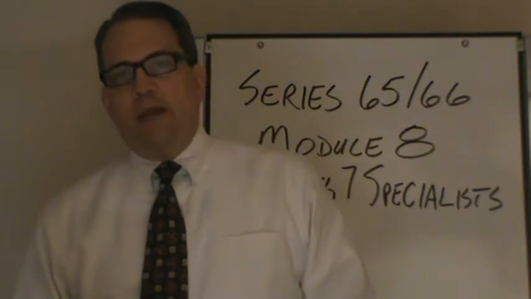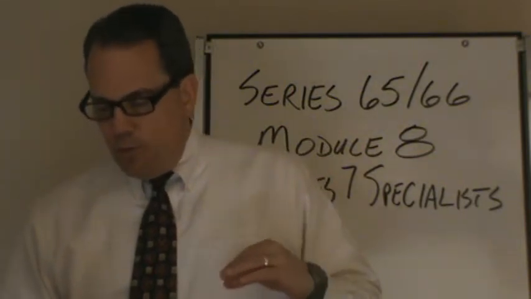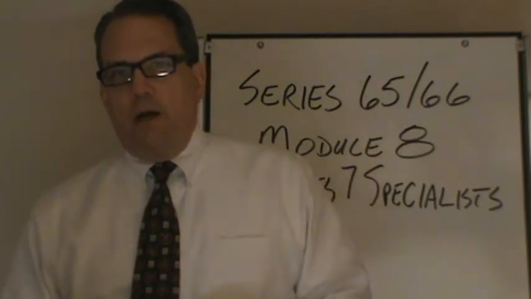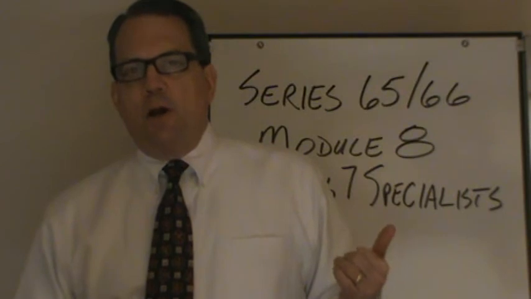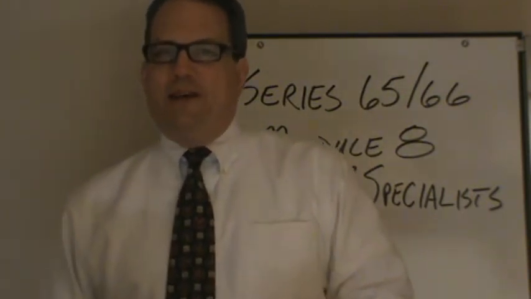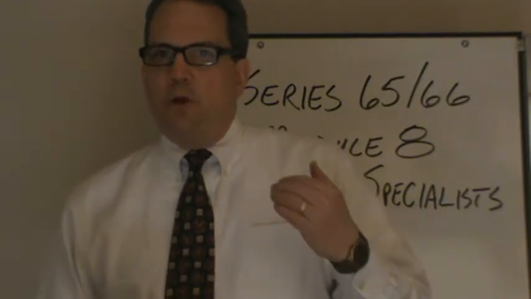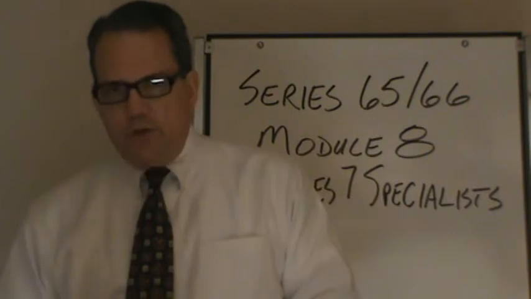Another thing that should be maintained is copies of ads that are sent to 10 or more persons. There's no filing requirement for these, because basically there's no place to file them. So we need to look at some definitions here.